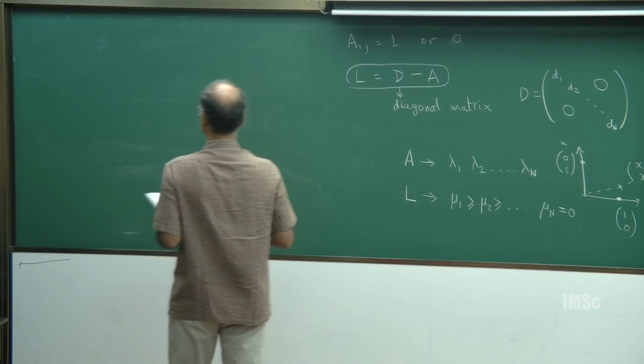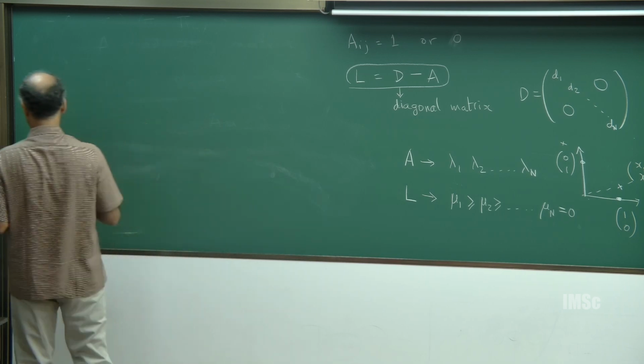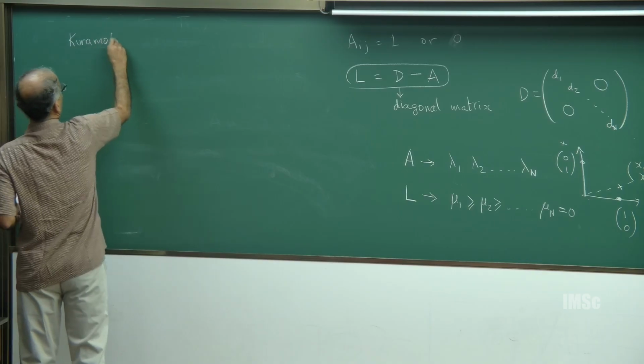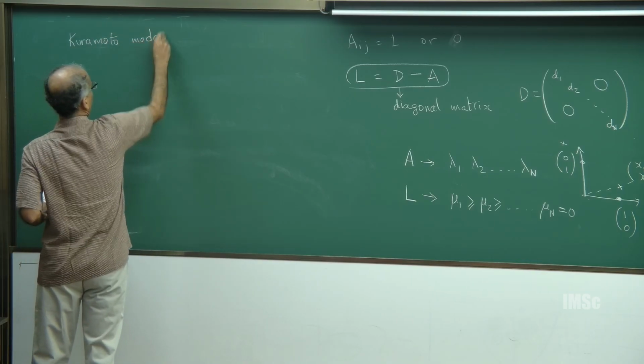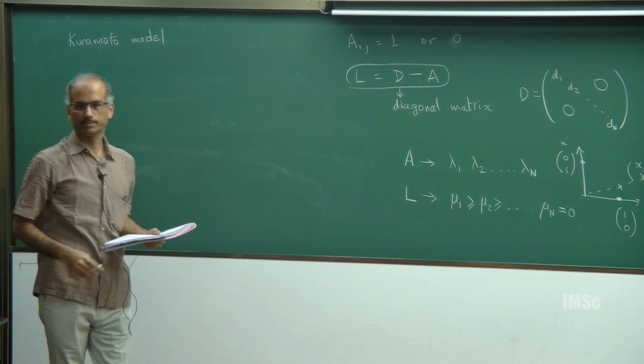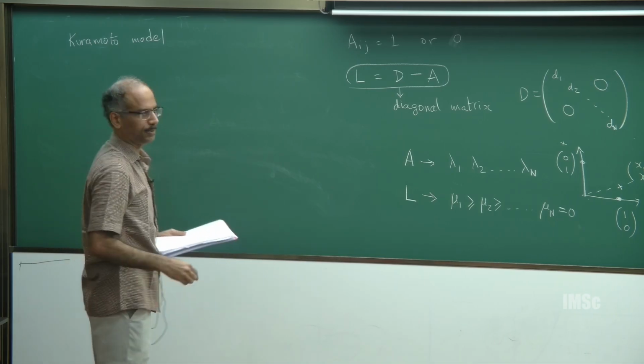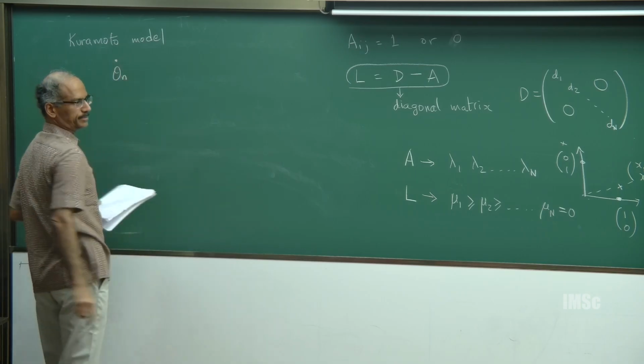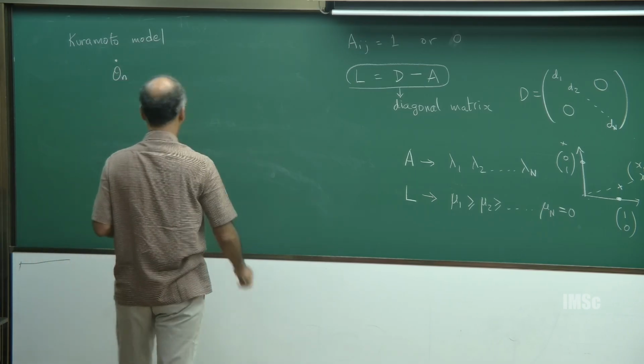So for example, let us say this Kuramoto model. I am sure this must have been introduced already here at some point. It is about the dynamics of phases like this.